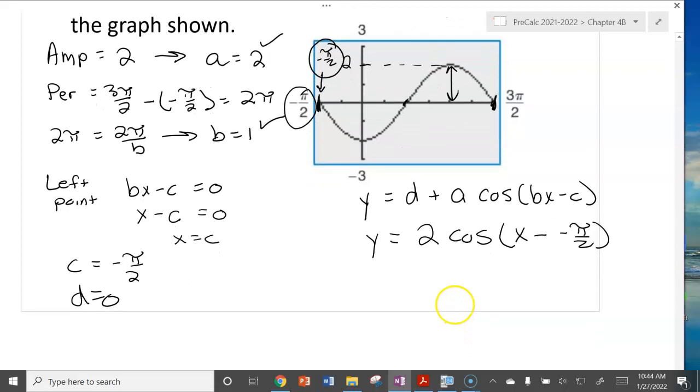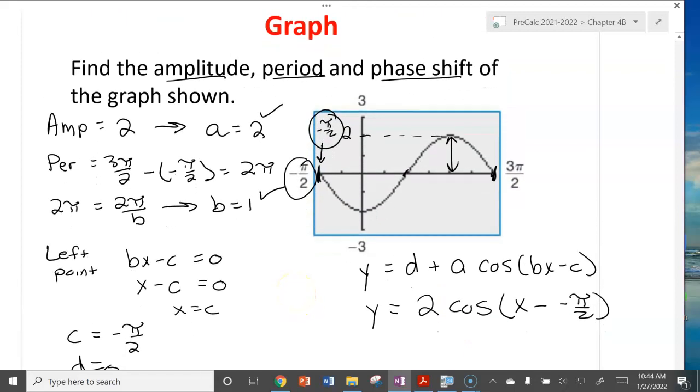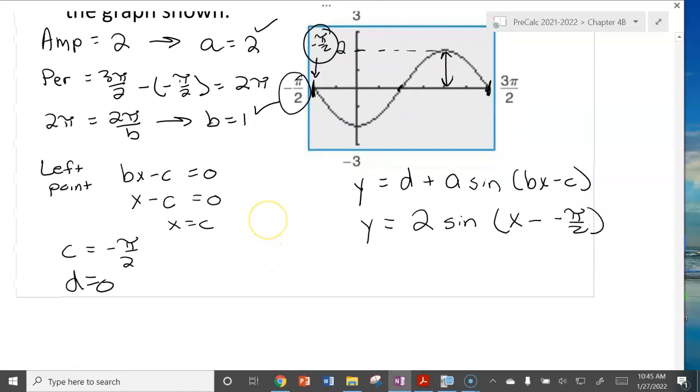You're going to get a sign change. Why am I saying cosine? Sorry, this isn't cosine. We're always going to use sine. So when you're writing your equations, always use sine. Don't worry about is it sine or cosine. Just use sine each time. So y equals 2 times the sine of x plus pi/2.